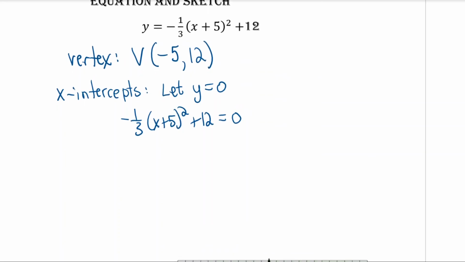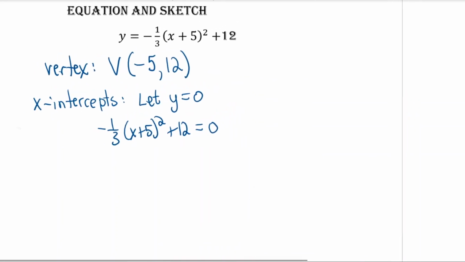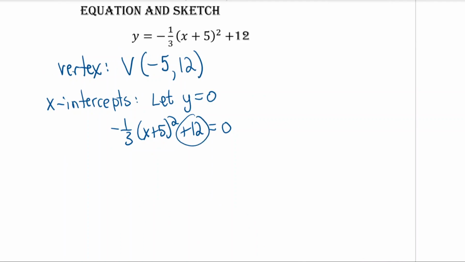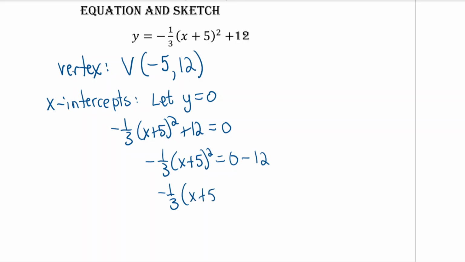So let's first move the 12 to the other side. So we've got -1/3 (x plus 5) squared. We move the 12 to the other side, so we got 0. It was plus 12, now it becomes 0 minus 12. So let's update that. We got -1/3 (x plus 5) squared equals negative 12.